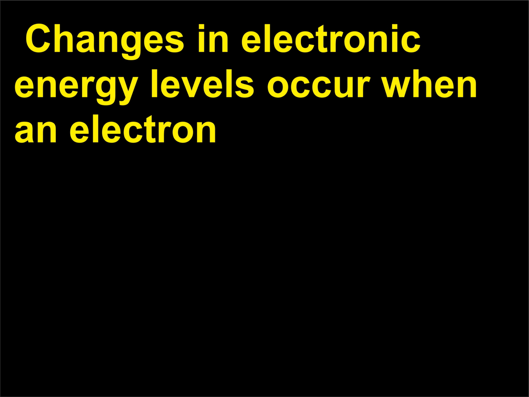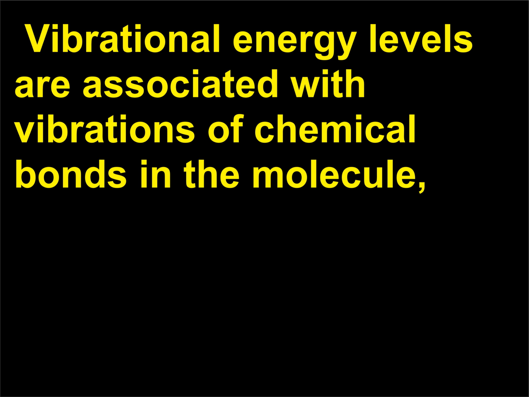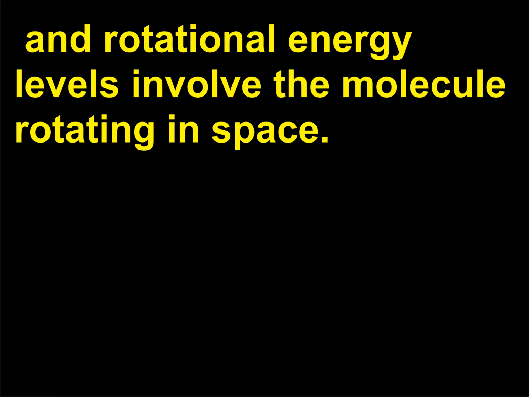Changes in electronic energy levels occur when an electron undergoes a transition from one molecular orbital to another. Vibrational energy levels are associated with vibrations of chemical bonds in the molecule. And rotational energy levels involve the molecule rotating in space.